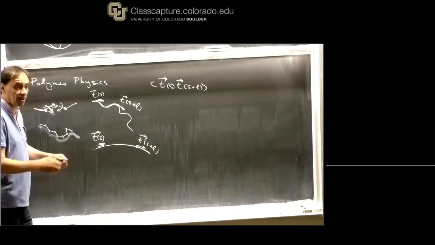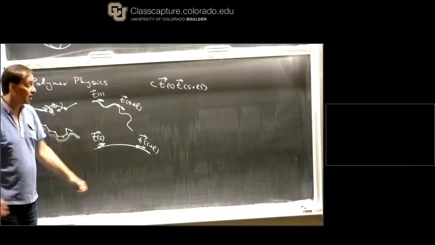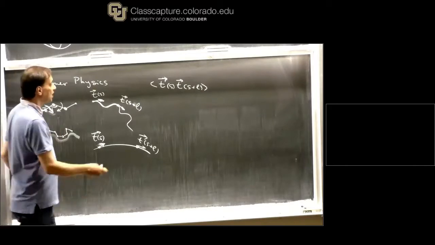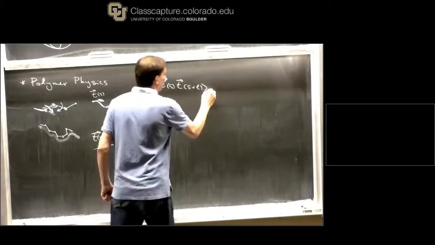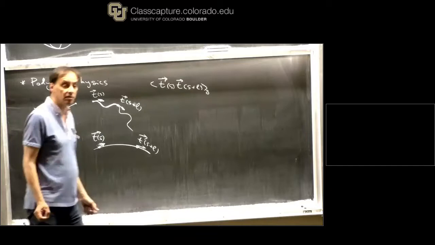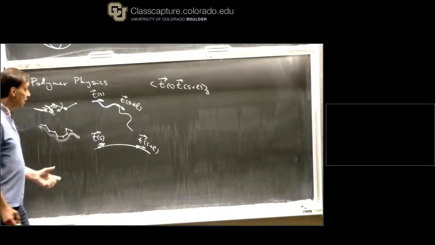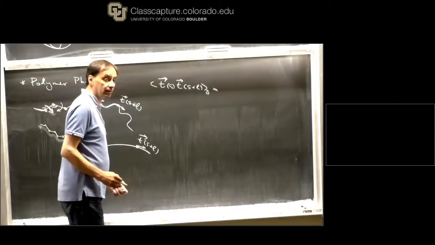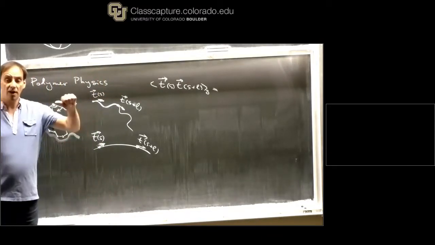If this were an incredibly rigid piece, or if it were very flexible, these angles would be all over the place. So I can look at an average angle, averaged over all positions S. That's going to be some function of L. It will just depend on how far the two points are.